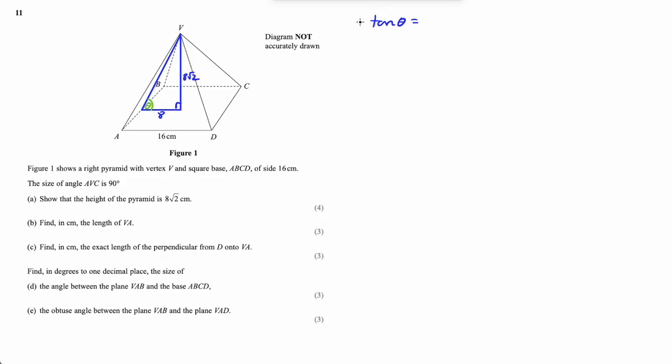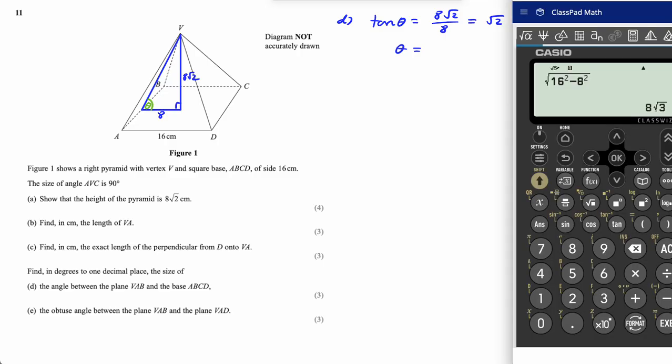Tan theta equals 8 root 2 over 8, which is equal to root 2. Then theta, this is part D, guys, is the inverse tan of root 2, which gives 0.99.